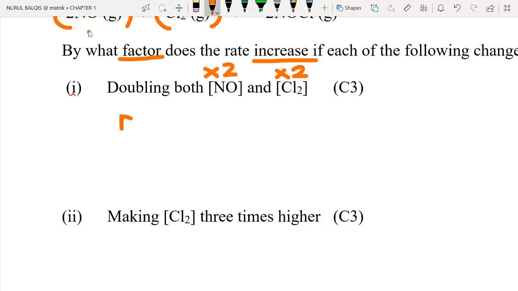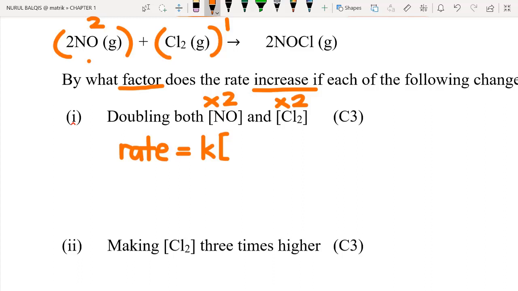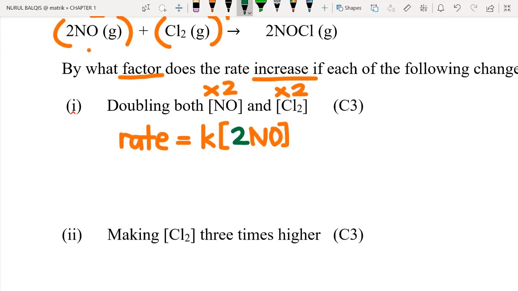So you write rate is equal to k, the rate constant, times the reactant concentrations, which in this case is NO, and we know our NO needs to be doubled, so you must write 2NO. Since NO is second order, don't forget to write the power of 2 here, followed by your Cl2.